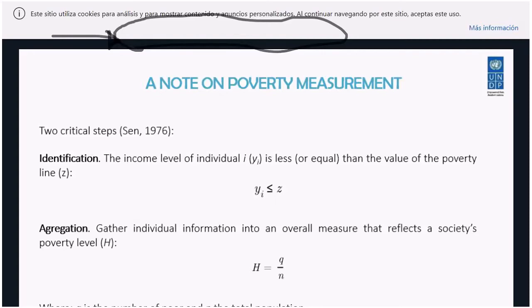So, okay, we will discuss that, the percentage and the amounts and the number of population in poverty.